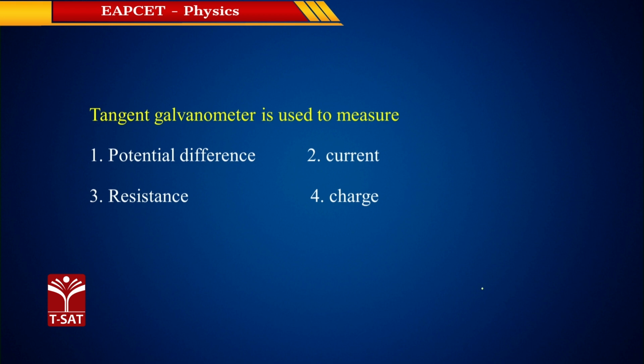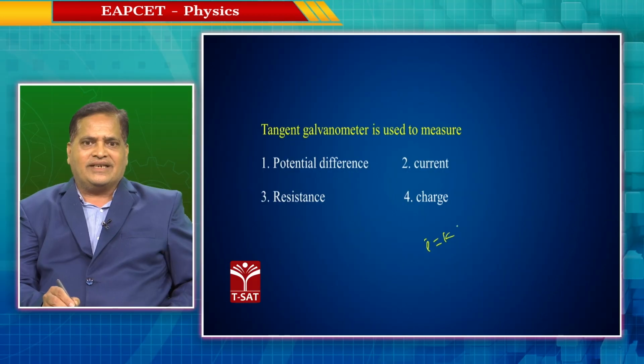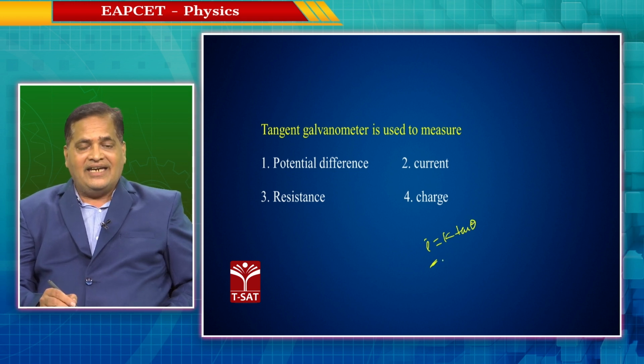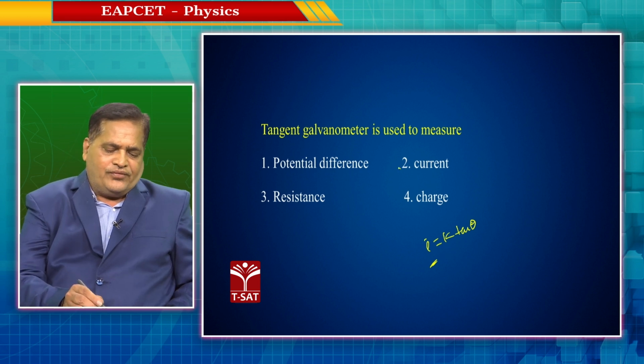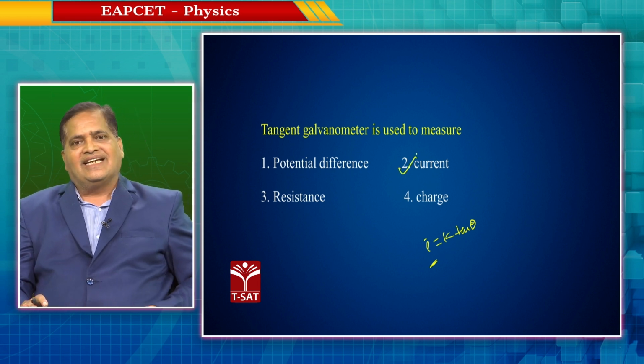See children, here I is equal to K tan theta is the formula. That means what you determine is the current I. Therefore tangent galvanometer is used to determine the small size of flow of current. Therefore the second option is correct.